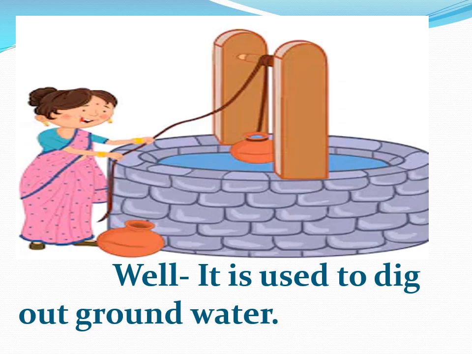First, we dig deep into the earth until we find water. When we find water, we cover that boundary with the help of bricks and cement. And then we take out the water with the help of a bucket which is tied with a rope. In this way, we take out that water.